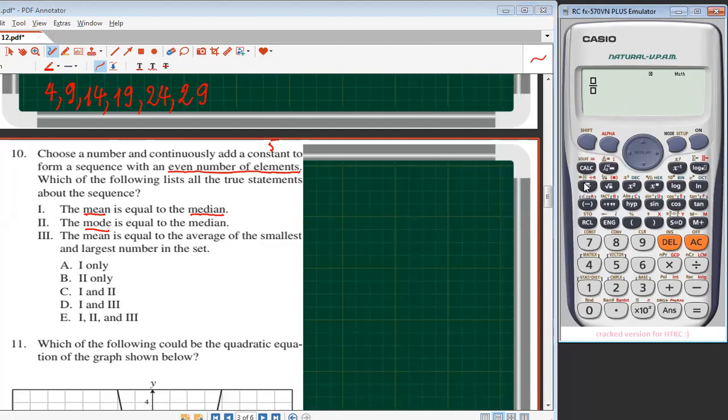We will take the sum of all 6 numbers: 4, 9, 14, 19, 24, 29, divided by 6. It is 16.5. The mean equals 16.5.